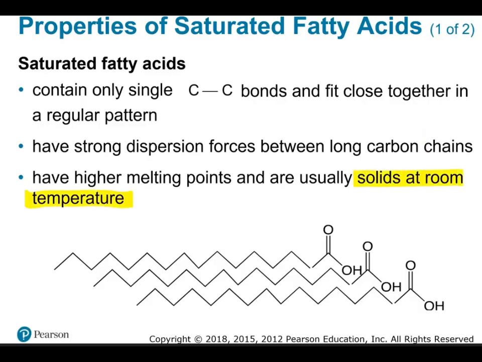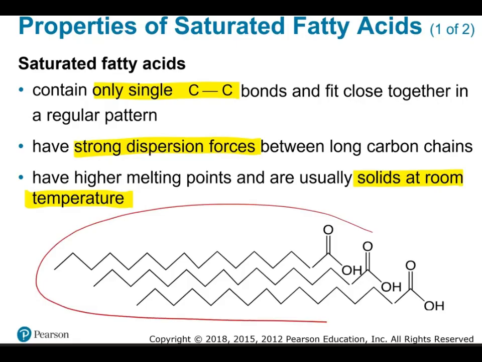The reason for that is that these tails that contain only single bonds between the carbons are held together by strong dispersion forces, because these long tails are very easy to align.